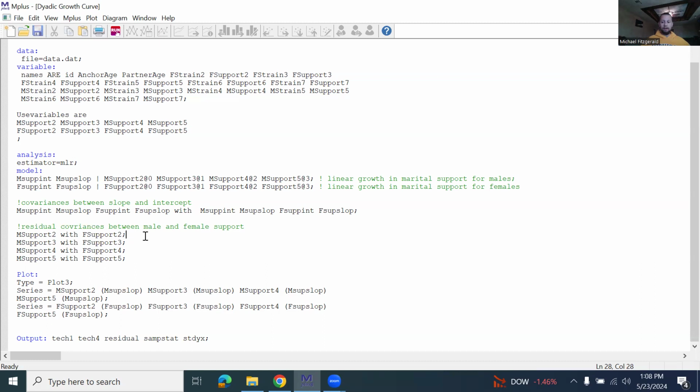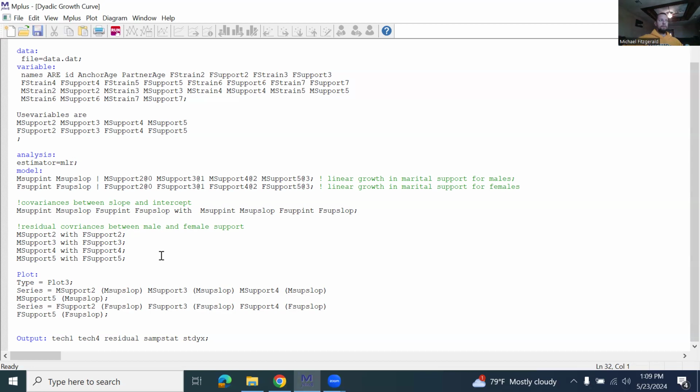That could actually increase the residuals for the spouses, because they might be more supportive of one another than they usually are, because of this external process that is unique and outside that growth process. So we do want to keep these WITH statements, these covariances at each wave.